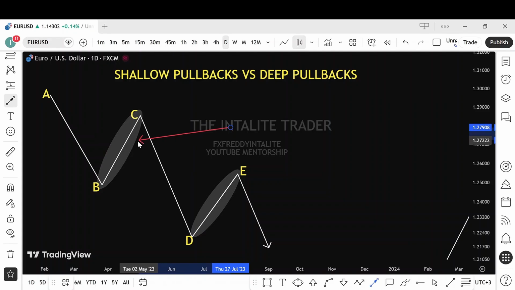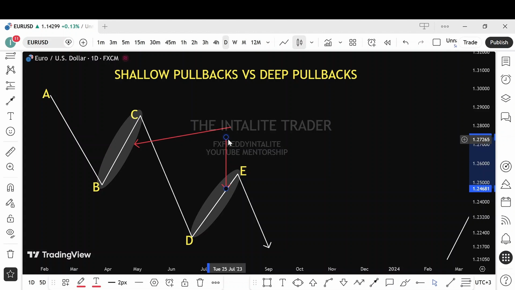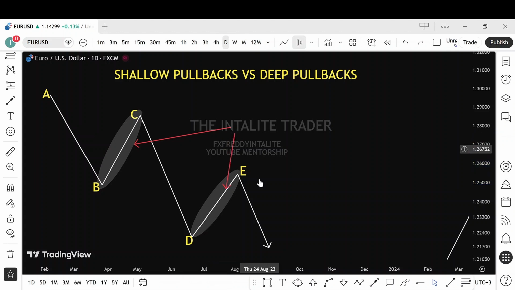So this one and this, we shall call them deep pullbacks.